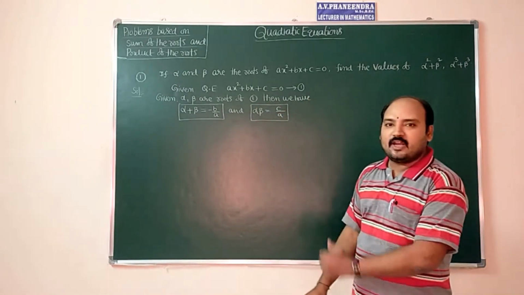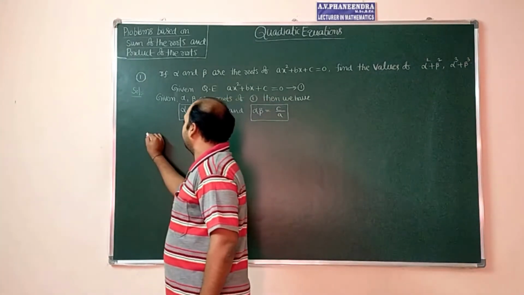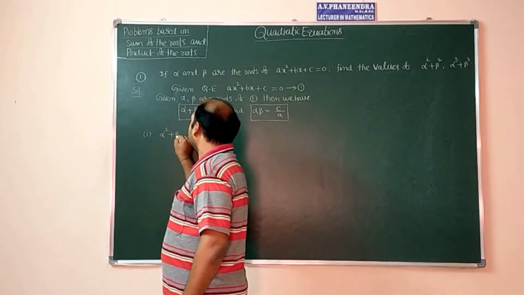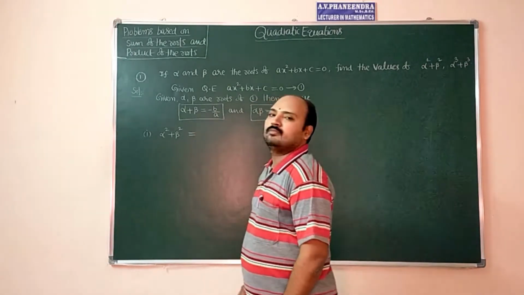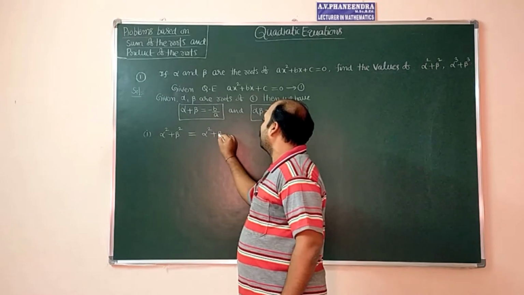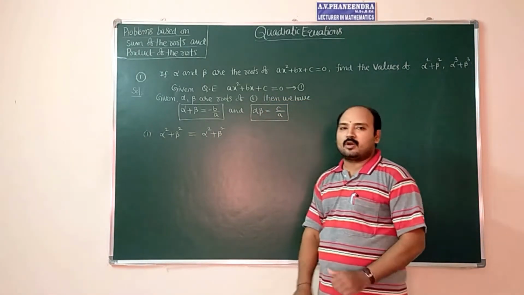After writing these values, for the first question you have to write alpha square plus beta square. Here you have to apply the a plus b whole square formula to get this.